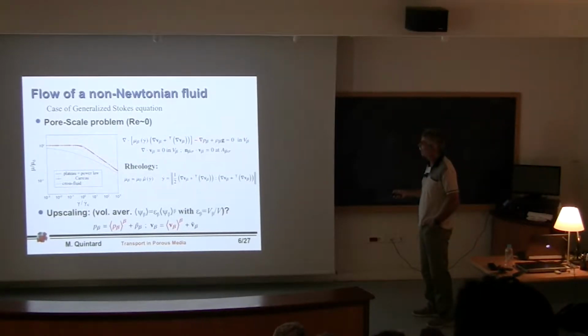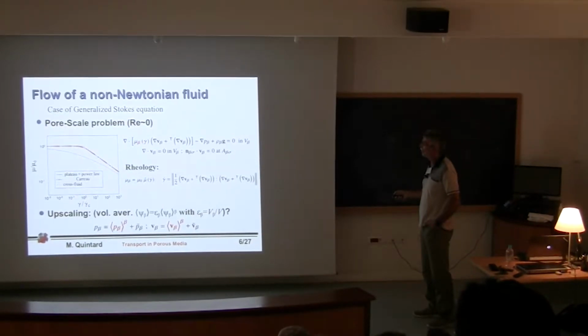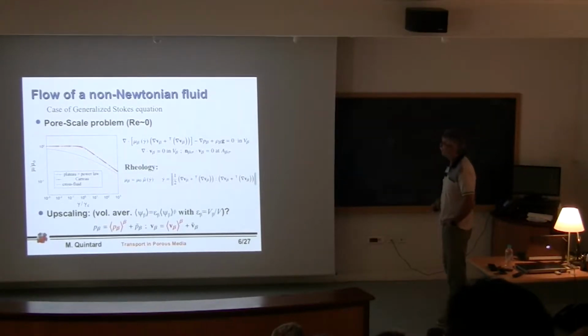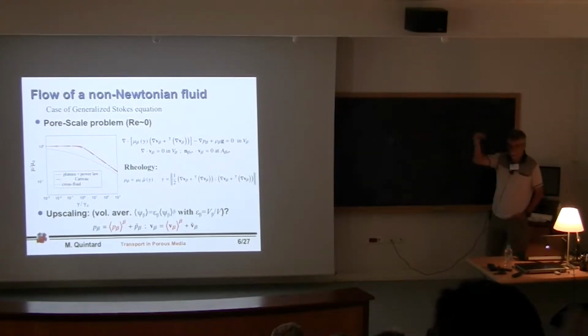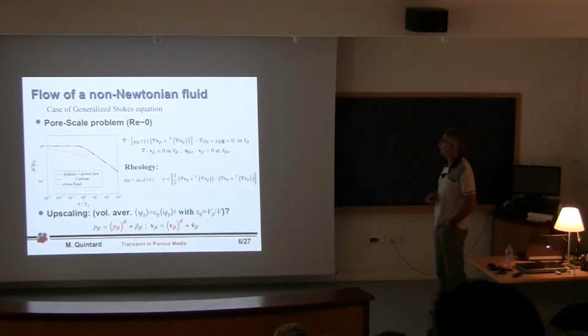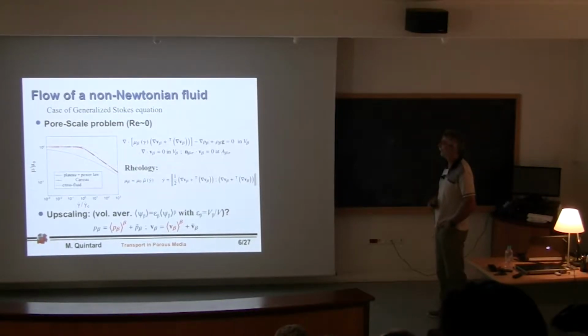So I have the Stokes equation in which the viscosity is a nonlinear variable that depends on the shear rate. I will show later that there are other applications in which it's a little bit more complicated. So now here I have a nonlinear equation.